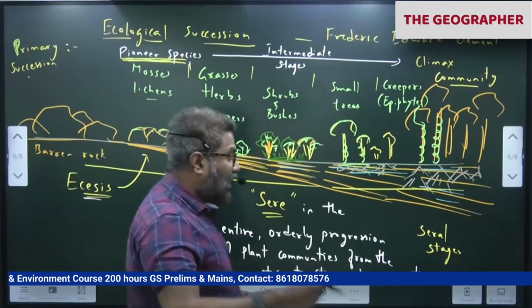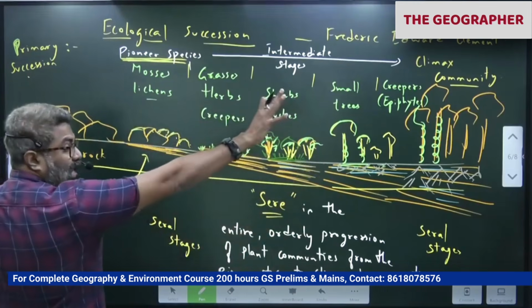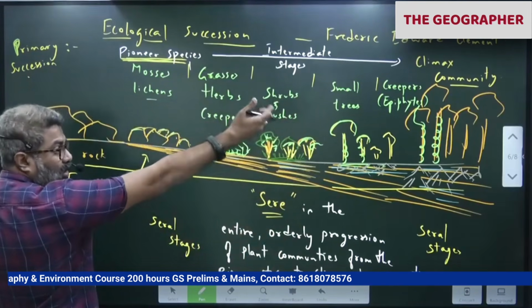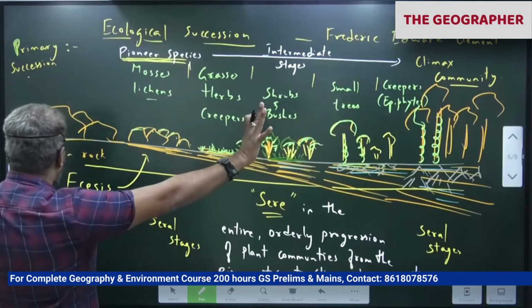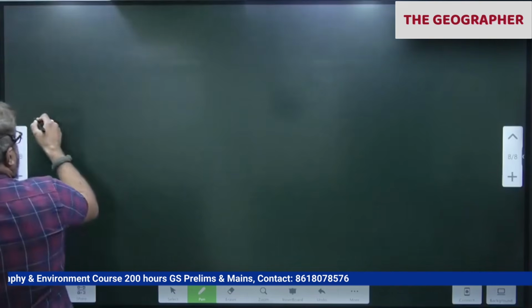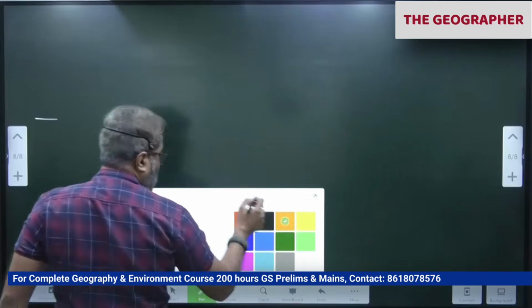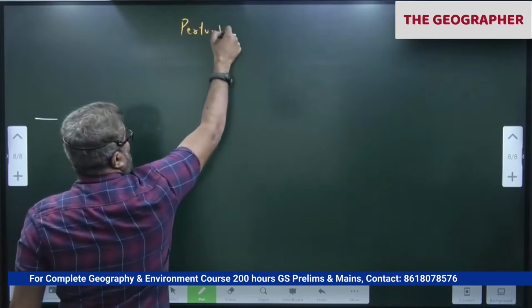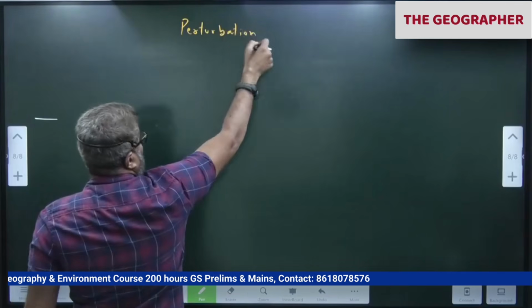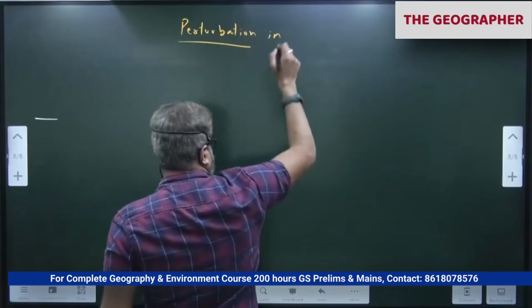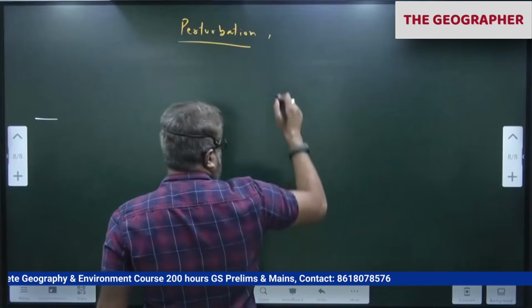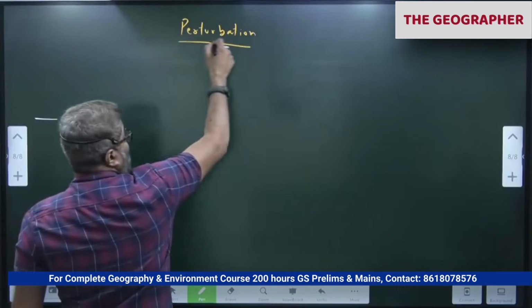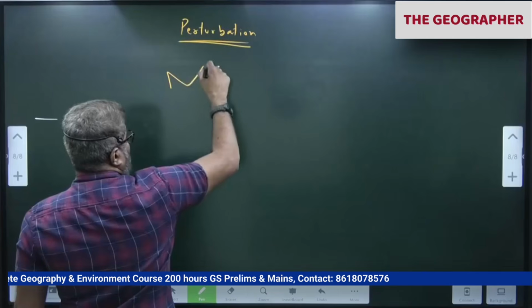Disturbance. Sudden events that occur, suddenly the trees will catch fire or some event will cause some threat to the final climax community. Perturbation is a sudden change in the environment due to events like forest fire.